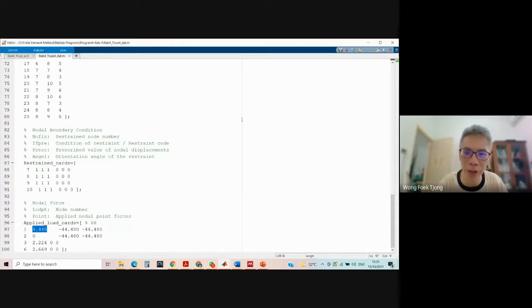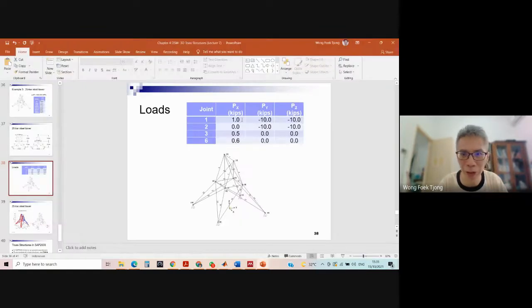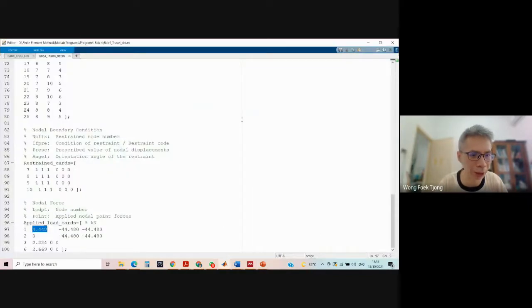Please be careful with units. This is because I used American, British units here. This one I use in SI, Standard International units, kilonewton and meter. So be careful with units if you perform design. You have to be very careful, otherwise your design will be in great error.